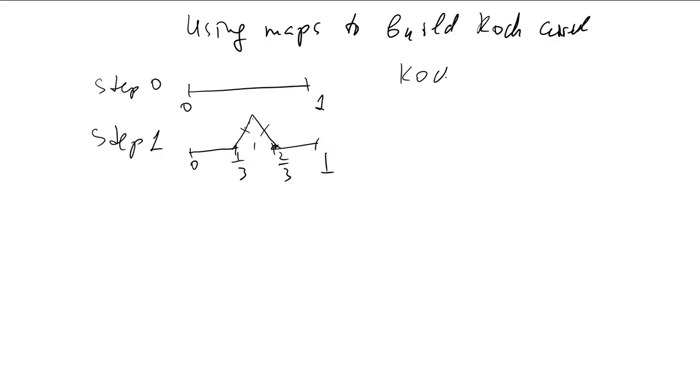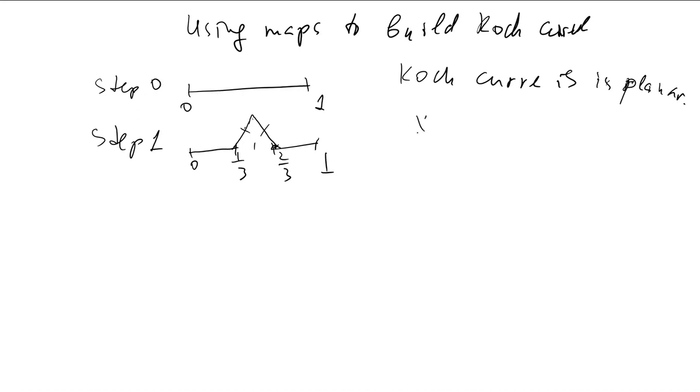So what is important here? The Koch curve is a two-dimensional structure. Maybe not two-dimensional, let's say it is planar. You need a plane to build it. And since it's planar now, we want to introduce two-dimensional maps.